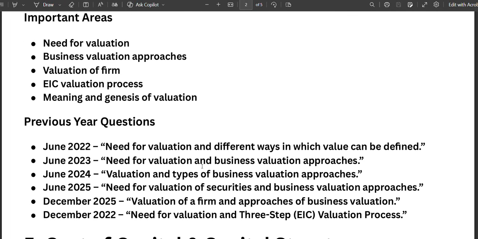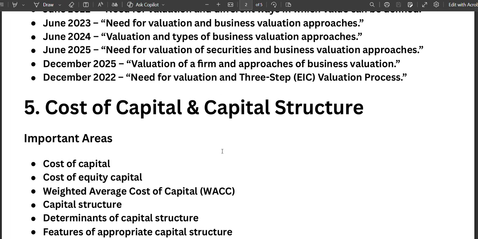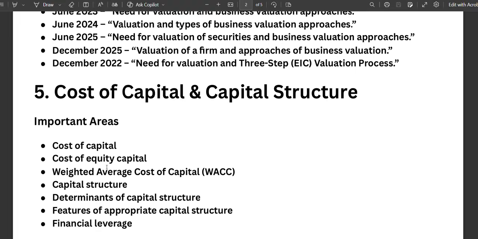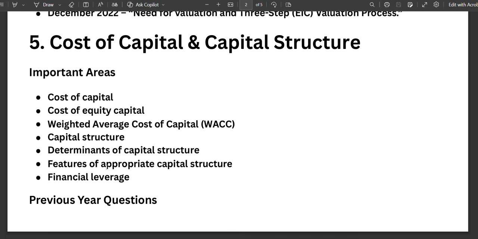Along with this, prepare what is cost of capital, cost of equity capital, and weighted average cost of capital or WACC. Also focus on features of capital structure, determinants of capital structure, and what is financial leverage. These are high weightage topics.